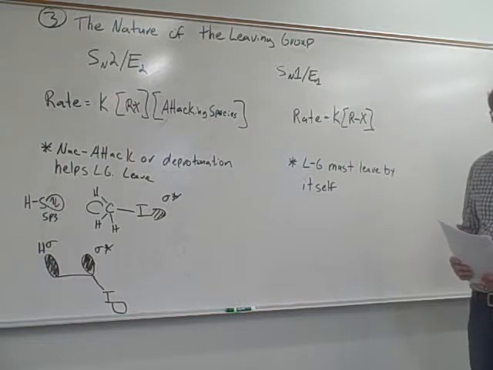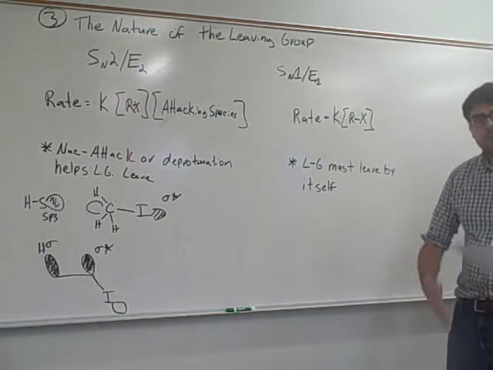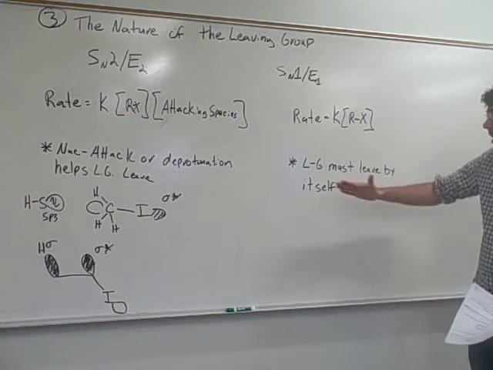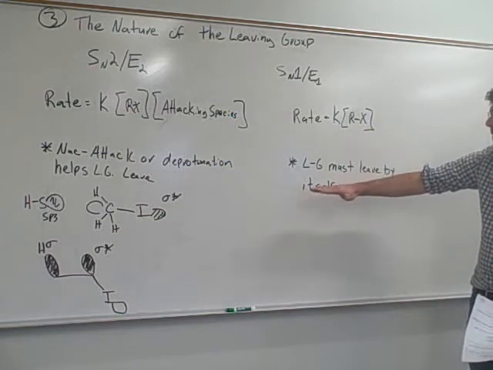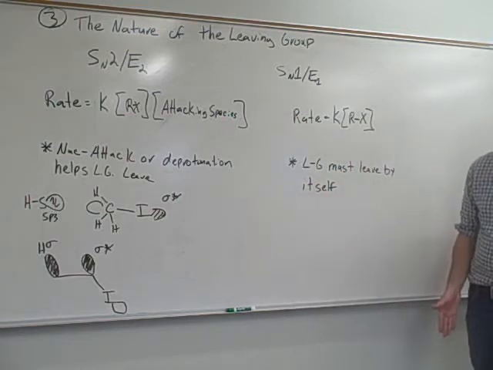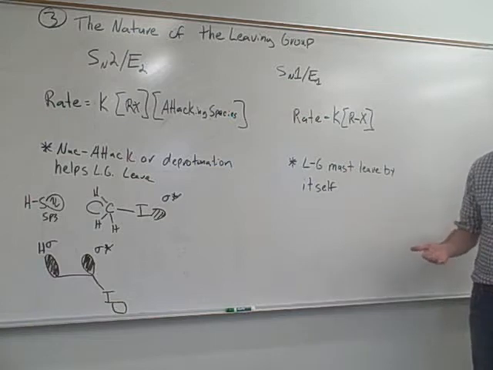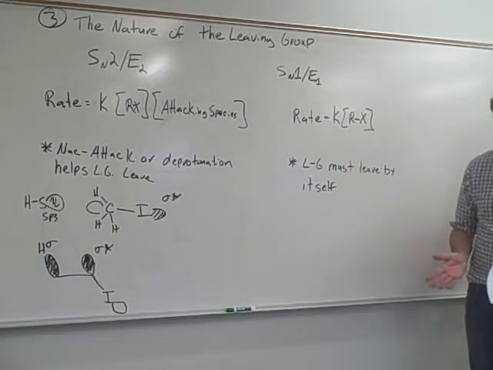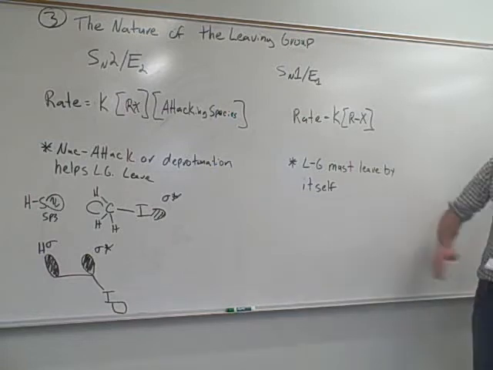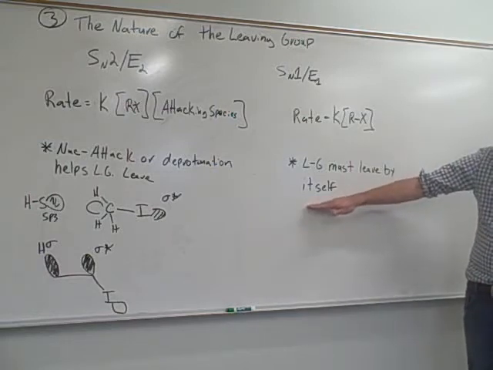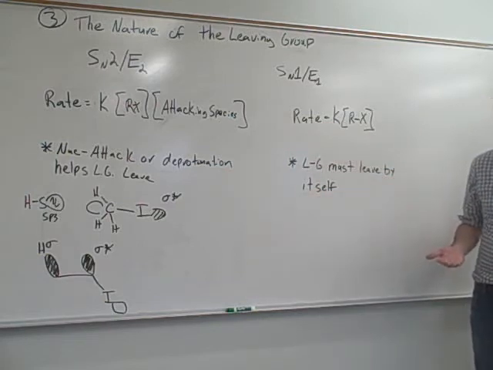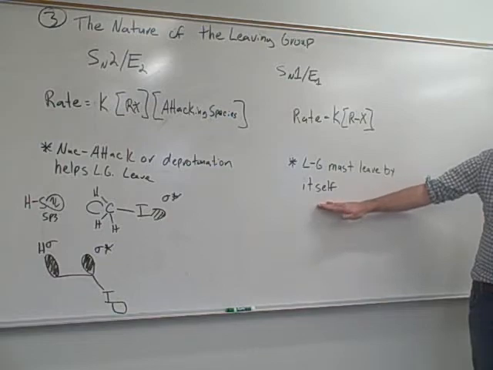So while increasing the concentration of nucleophile won't change the overall rate of this reaction, we can also think that our leaving group has to do all of its leaving by itself. There's nothing that's going to be able to assist it. It simply has to take the electrons and leave. And so really good leaving groups tend to play a big role in allowing the SN1-E1 mechanism to take place.